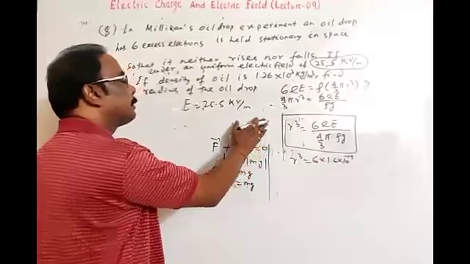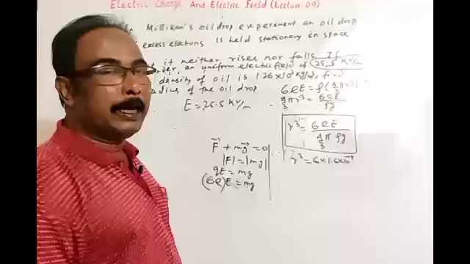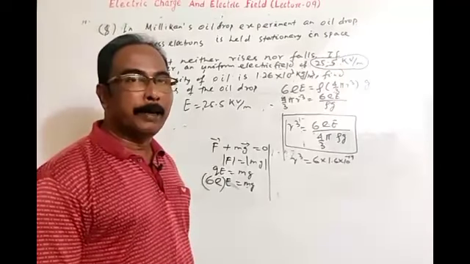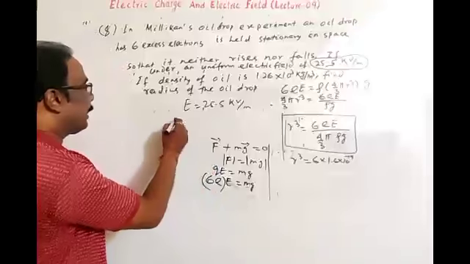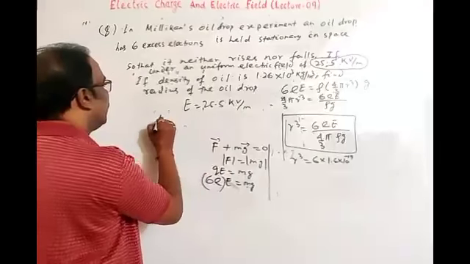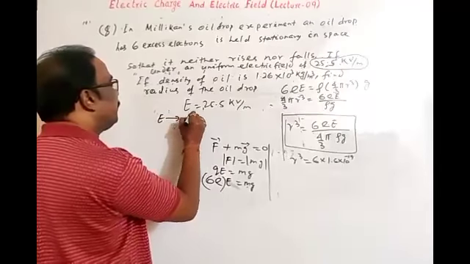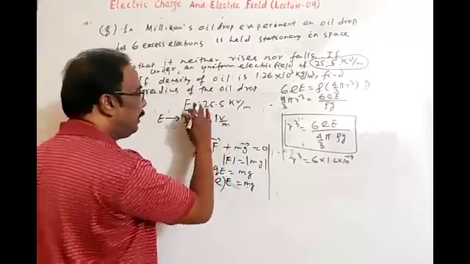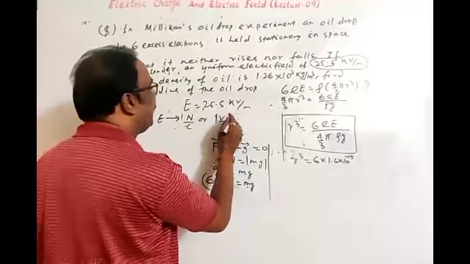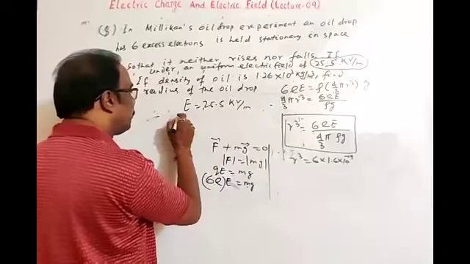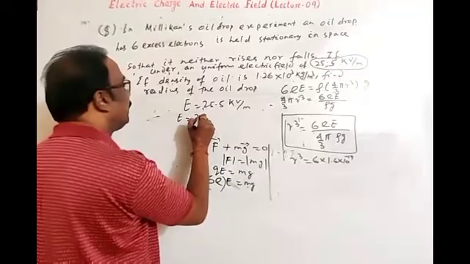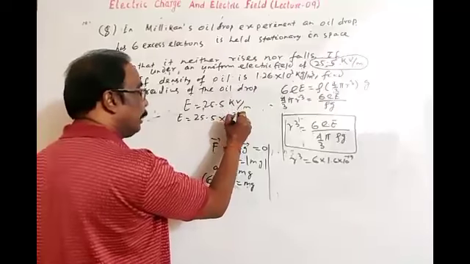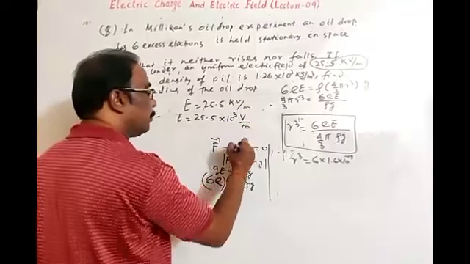What we have discussed in electric potential, we now know another new system of units for electric field. Units of electric field may be Newton per coulomb or volt per meter. Here the magnitude of electric field is given in kilovolt per meter, so 25.5 into 10 to the power 3 is converted to volt per meter.